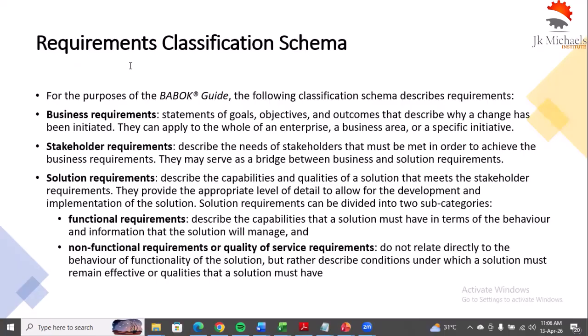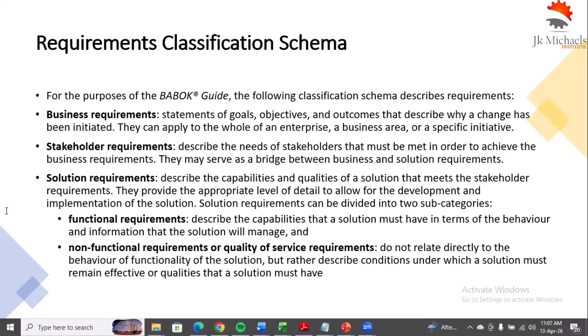Well, the first will be the business requirements. And what is a business requirement? A business requirement will simply be a statement of goals and objectives and outcomes that will help us understand why a change has been initiated.